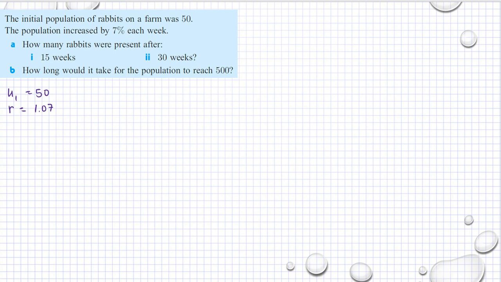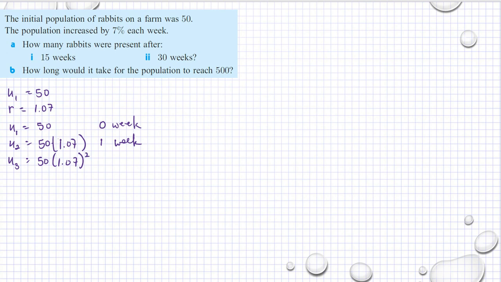How many rabbits were present after 15 weeks? So if we need u sub 1, that is 50, we can say that is week 0. u sub 2 is equal to 50 multiplied by 1.07, that is after 1 week. u sub 3 is equal to 50 multiplied by 1.07 raised to 2.